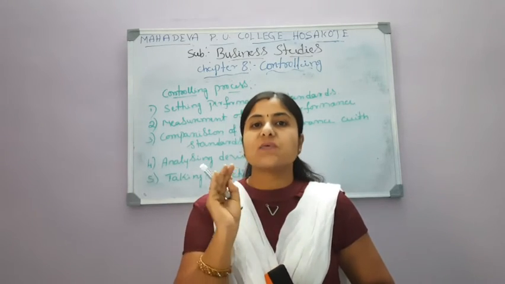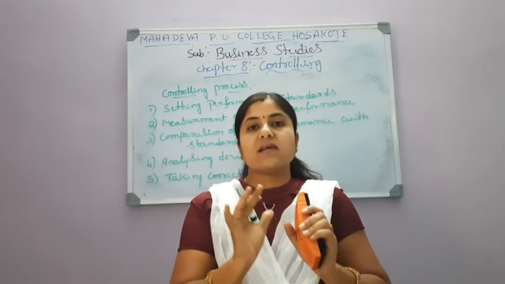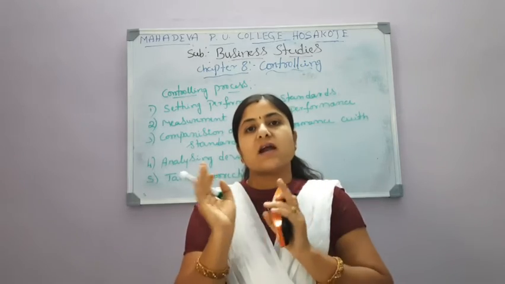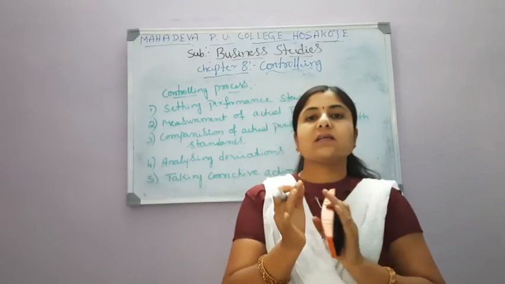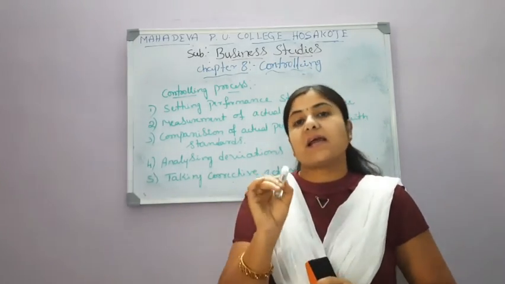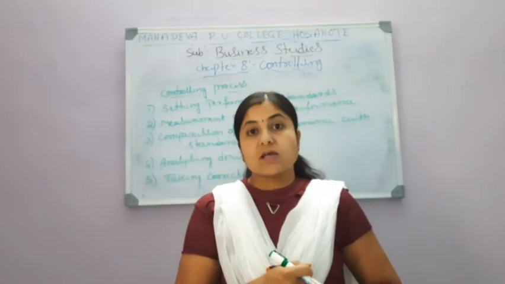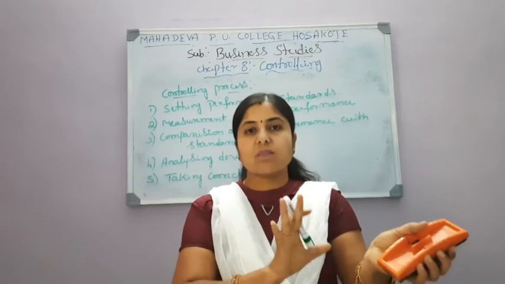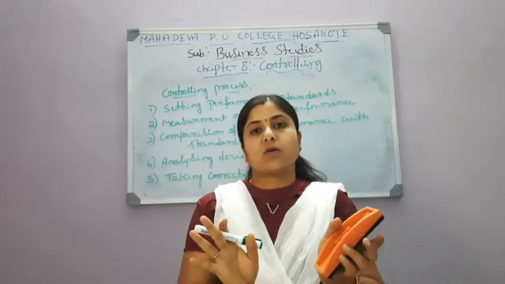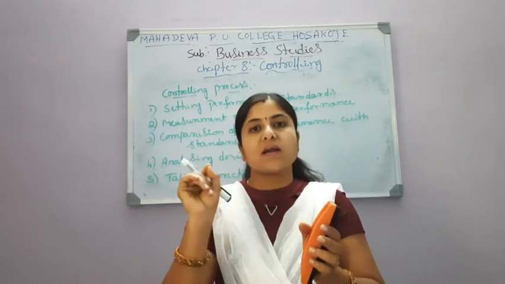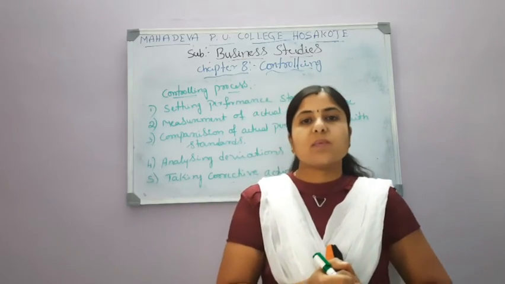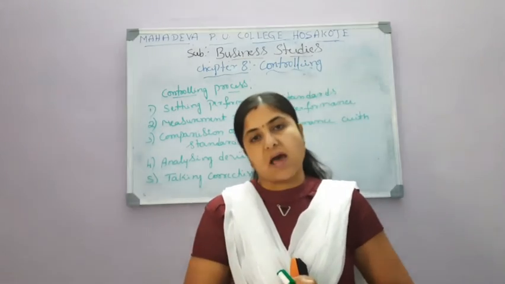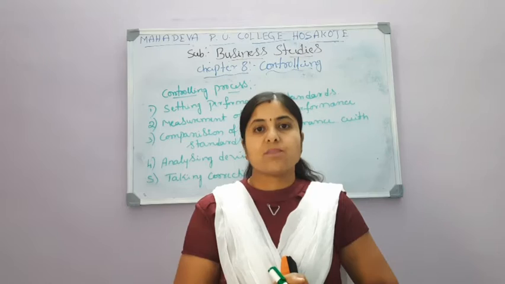In the last class we already discussed that planning, standards and controlling are interrelated and dependent on each other. Without planning, there is no proper control, and it is not possible to implement our successful plans in organizations.